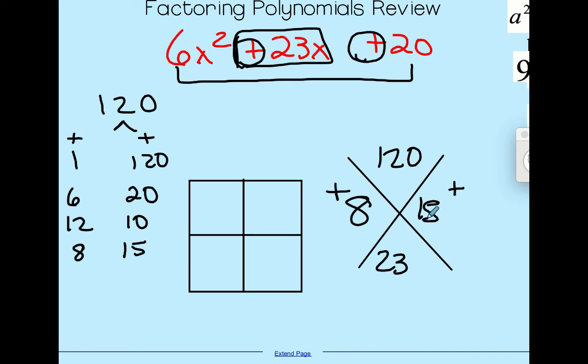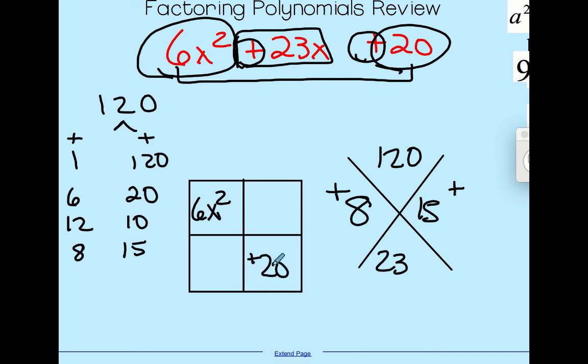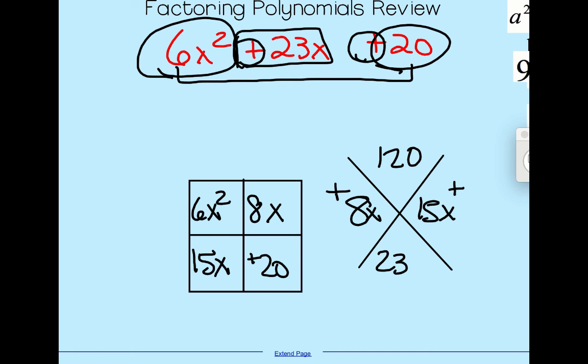Okay, so remember, once we had those numbers, we went ahead and took the first term, that's quadratic, the last term, which is our constant. Then we put an x next to these and put them in our boxes. And now we're ready to factor.